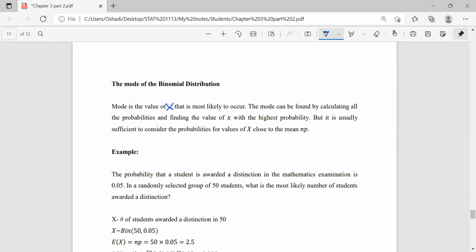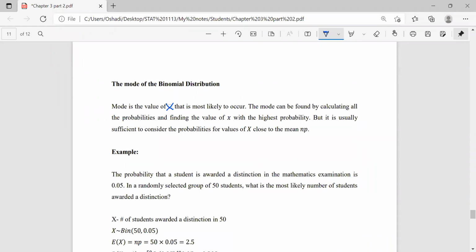Right? So in this binomial distribution also, mode is the value of x that is most likely to occur. So we can just find the mode as the value with the highest probability. The highest probability is the most likely to occur, right?